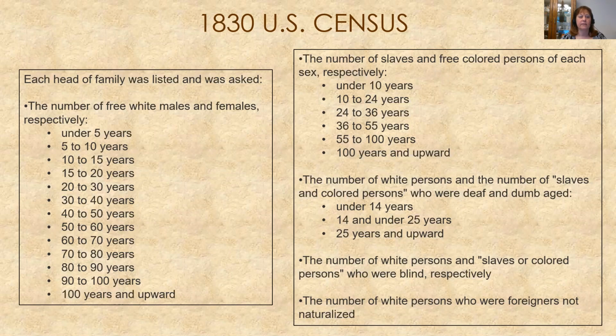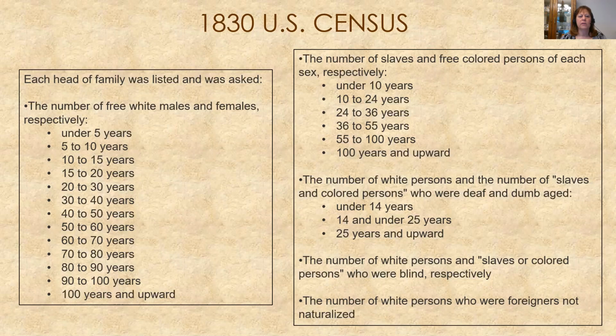Slaves and free colored persons were also listed by age in categories of under 10, 10 to 24 years, 24 to 36 years, 36 to 55 years, 55 years to 100, and 100 years and upward. New to the 1830 census were questions regarding persons who were deaf, mute, or blind.